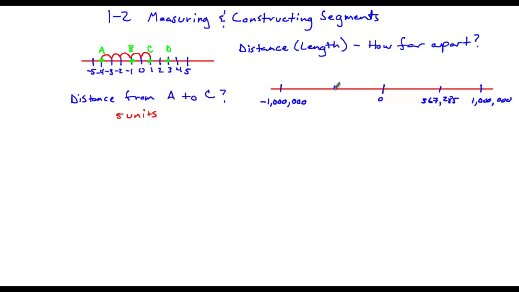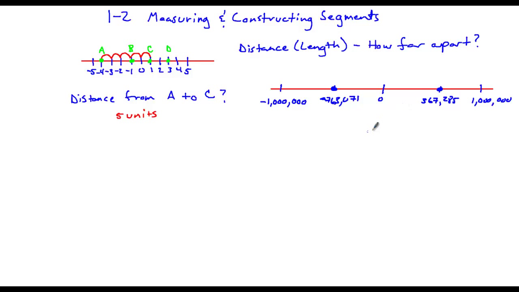And I'm going to put a point right here. This point will be -763,071. Okay. Now, I'll put my points there too, so you can count your spaces.